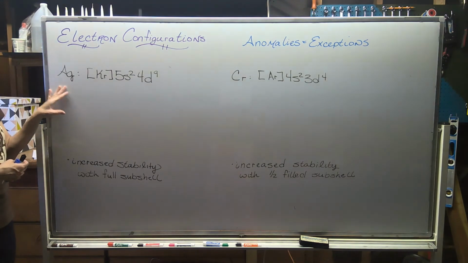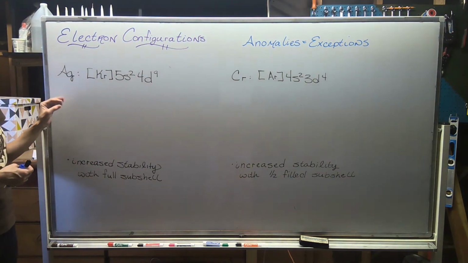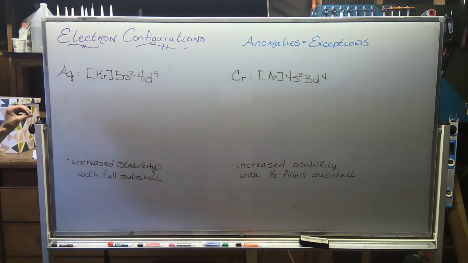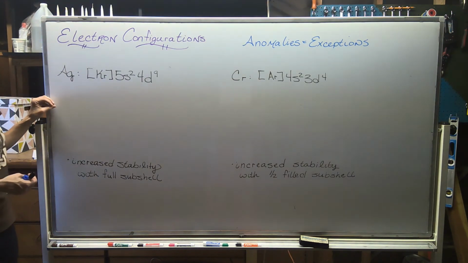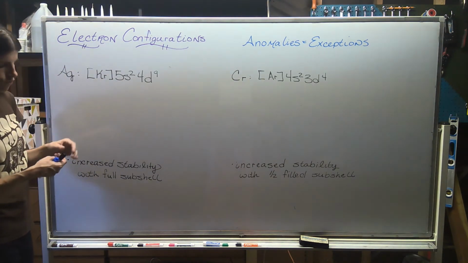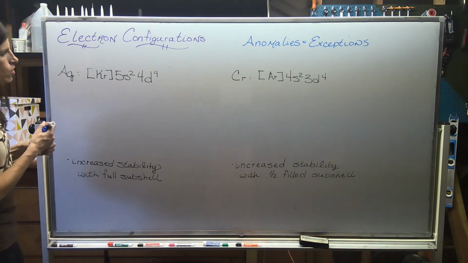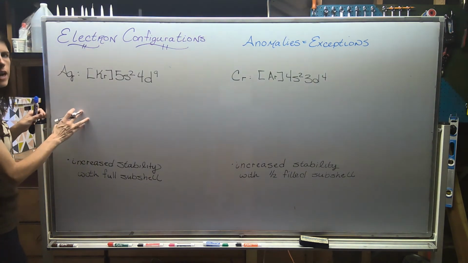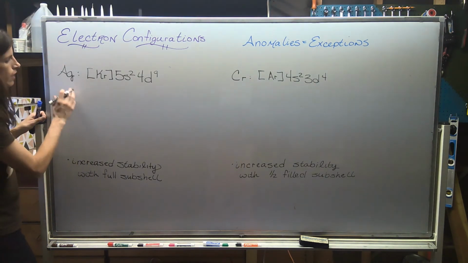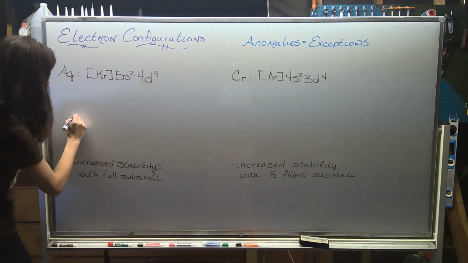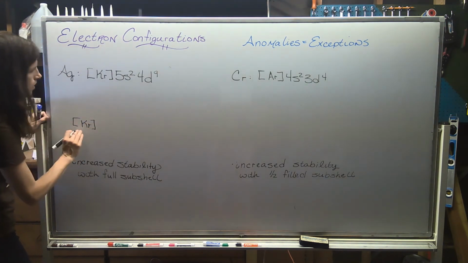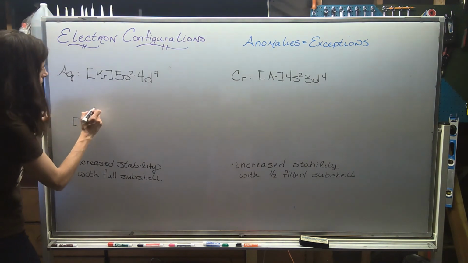So I had you all write what you would think would be the electron configuration of silver. So I imagine most of you wrote 5s2 4d9. Let's do a little energy diagram for the valence electrons of silver. So krypton, nothing interesting going on with the core, right?